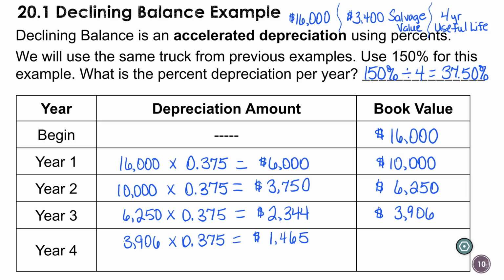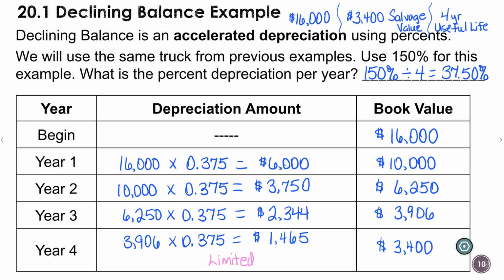Now, here's the thing. If I subtract 1,465 from 3,906, I go below my salvage value. Remember, this number has to be no lower than 3,400 because that was our salvage value. So what happens here is I have to recognize that. First of all, that's always the tricky part. If you take 3,906 and subtract 3,400, then you get 506.